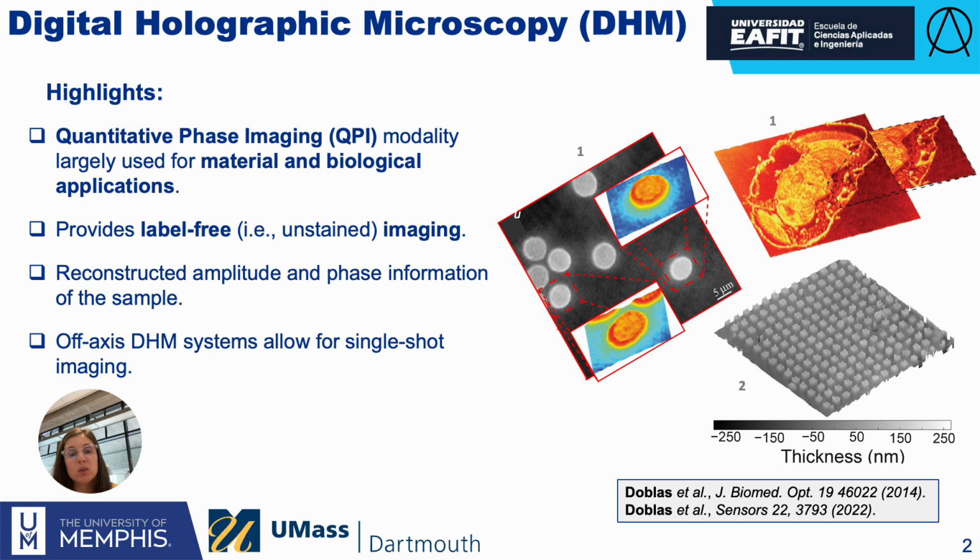Because you are recording the complex distribution, you can reconstruct both the amplitude and the phase imaging, and the key part is that you do it with a single image, so it's really fast, and you are able to track the behavior of the cells over time.